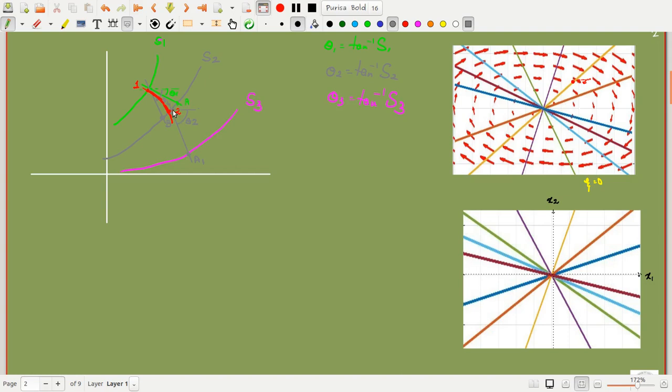Now next, it leaves at theta 2 here, and when it reaches S3, it has to leave S3 at angle theta 3. So again from here, I have to draw another angle. Let theta 3 be something greater than theta 2, something like this.